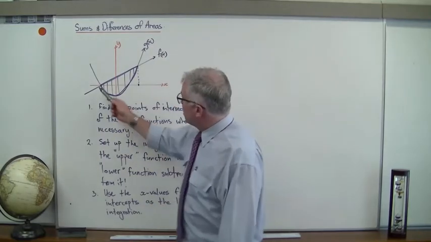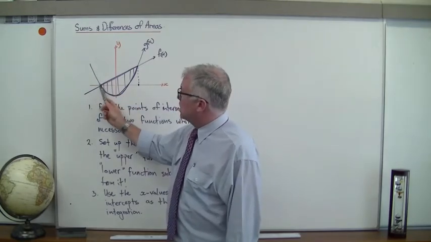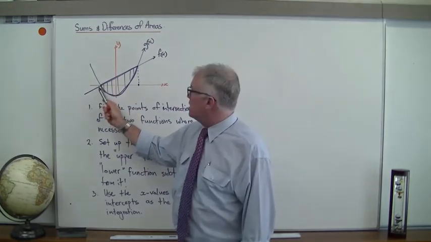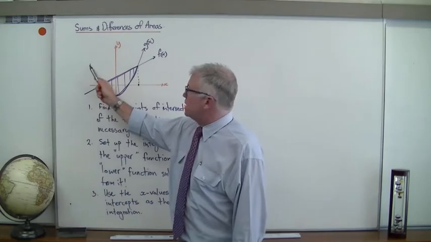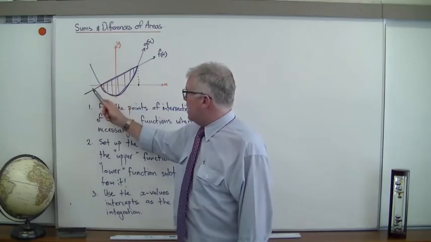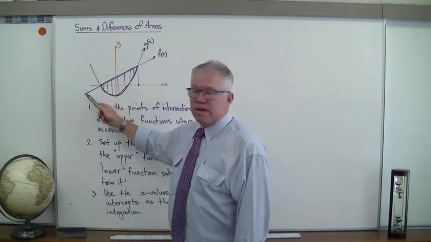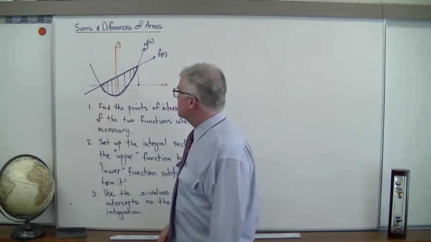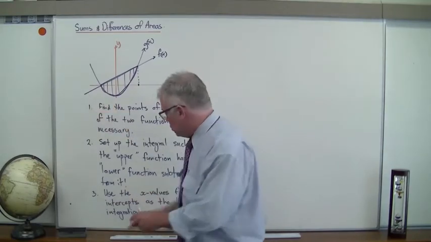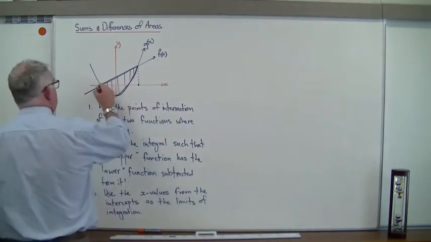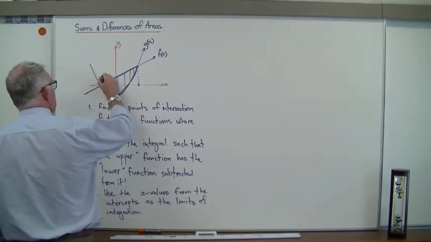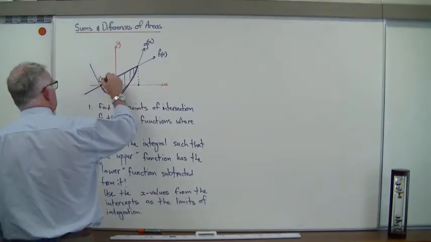And in the same way over here, if I step to the left of this point of intersection, then again, g of x would be the upper function and function f of x would be the lower function.